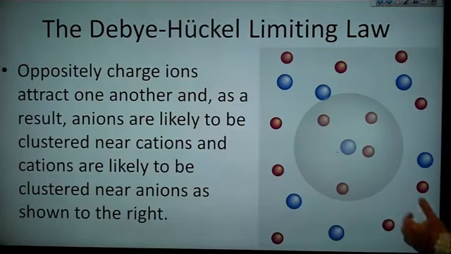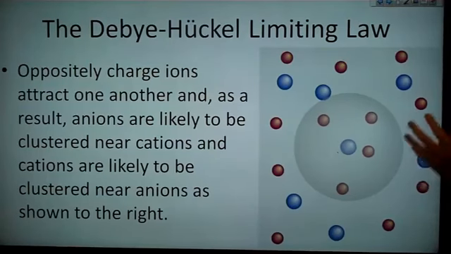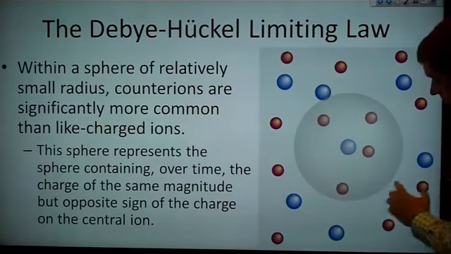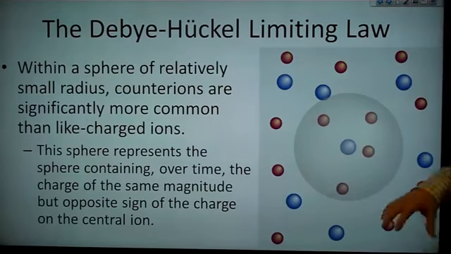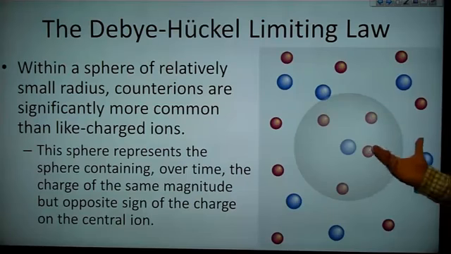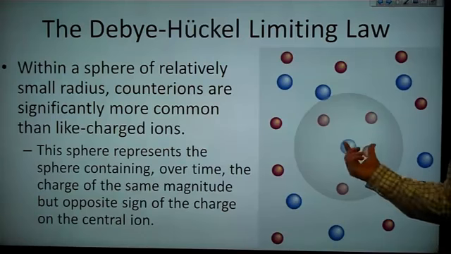Farther away, of course, there are some other cations and also some other anions around as well. But within a sphere of relatively small radius, this darker sphere here, the counterions are significantly more common than the like-charged ions, and this sphere represents the sphere containing, over time, the charge of the same magnitude but opposite sign of the charge on the central ion.